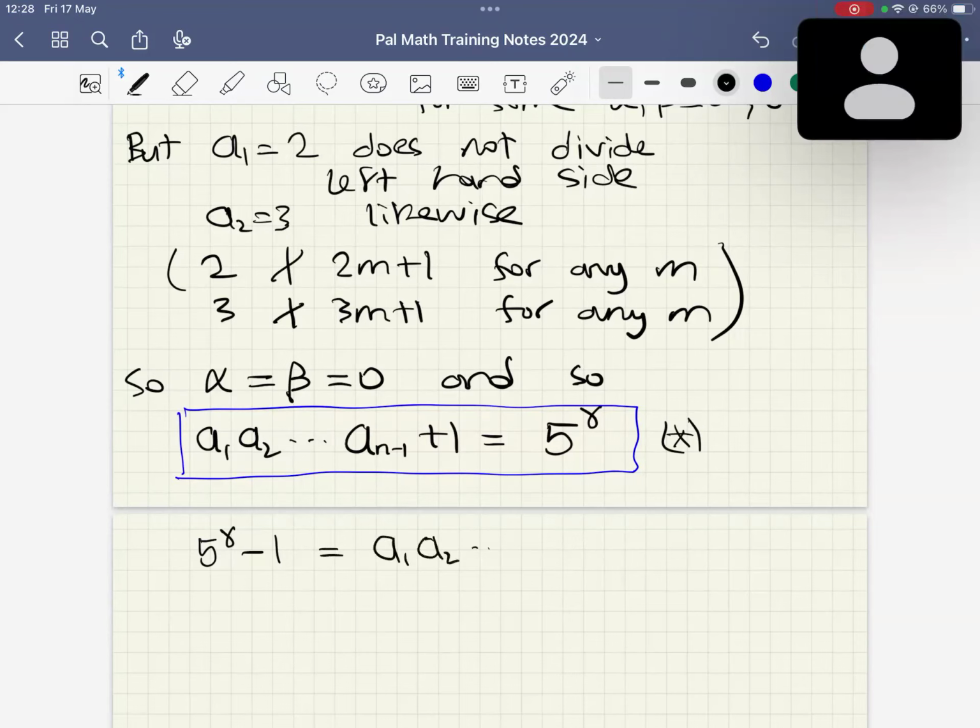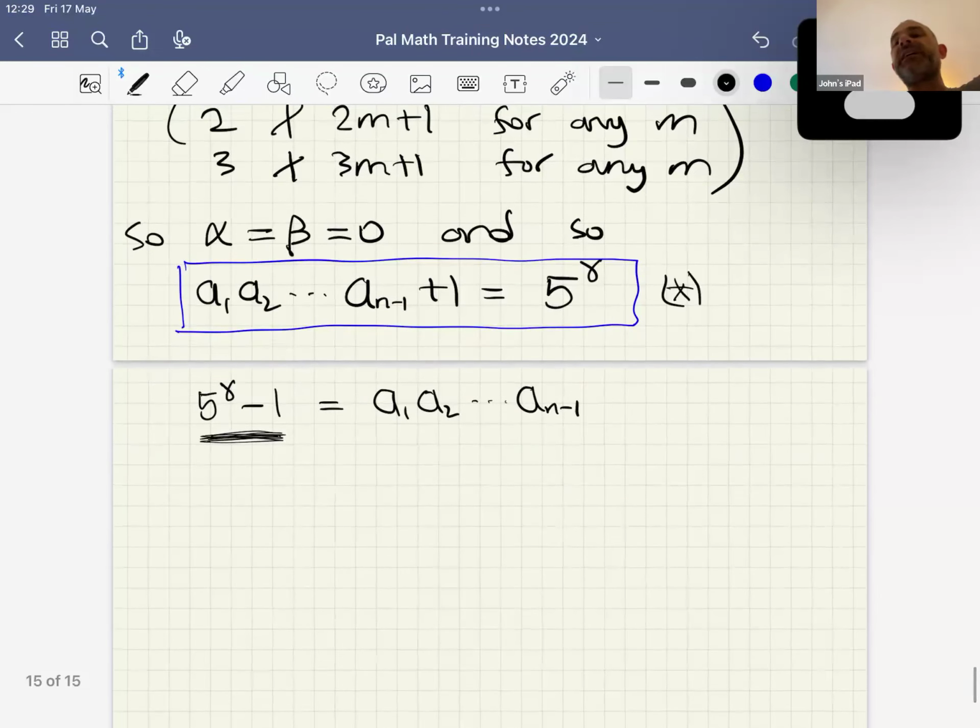Is that right? Yeah. And what about this number? Is there something significant about this?